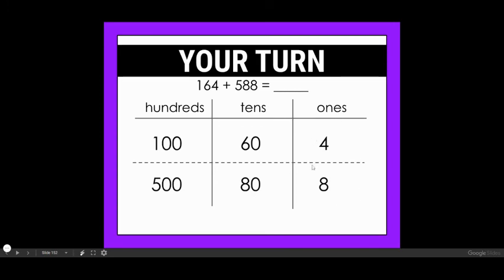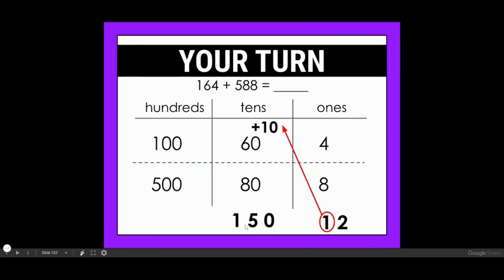Now let's combine our ones. 8 plus 4 equals 12, but I know I have to move this 10 into the tens. Now I have 10 plus 60 plus 80. So in my head, I'm going to think 8 plus 6 plus 1, because it's 8 tens plus 6 tens plus 1 ten. And I know that would be 15 tens or 150.